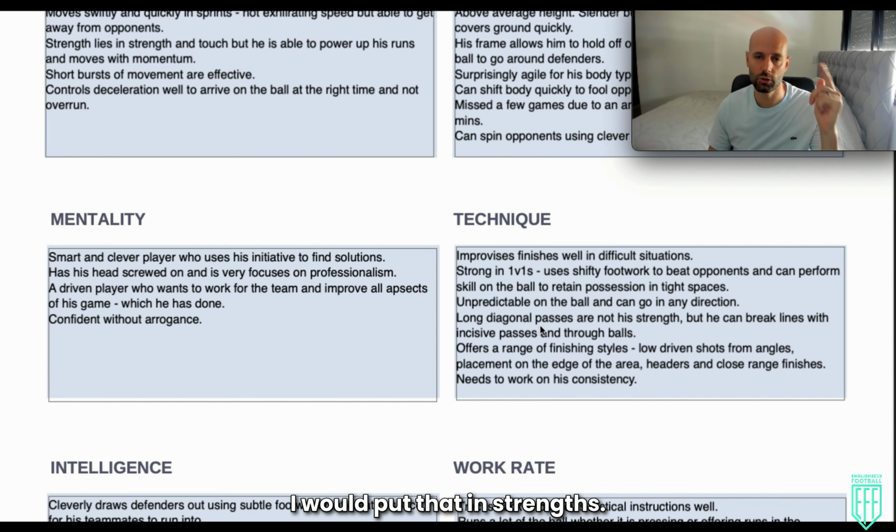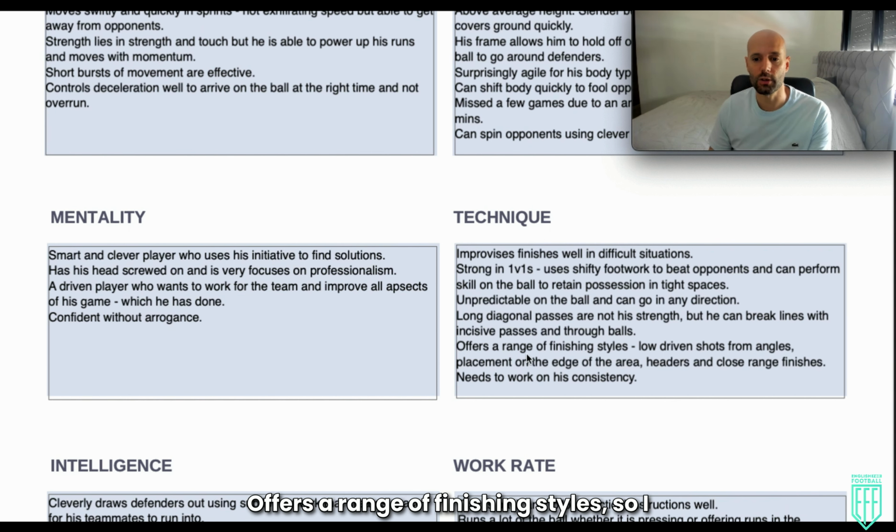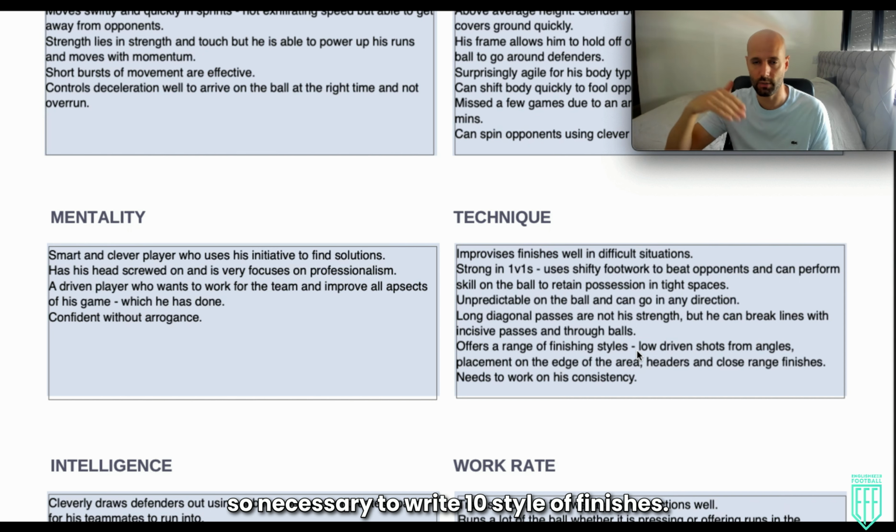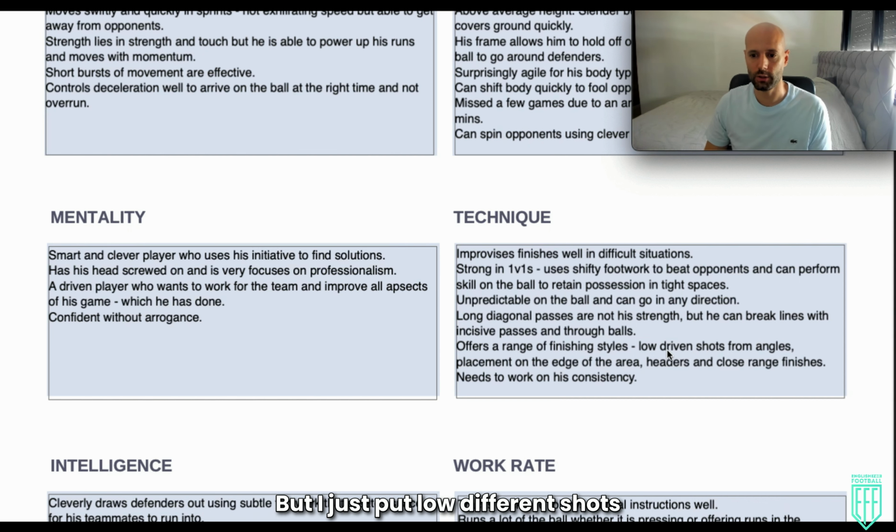I would put that in strengths if I was going to show you that. I will do that at some point. "Offers a range of finishing styles." I don't list all of them because it's not necessary to write 10 styles of finishes, but I put different shots from angles, placement on the edge of the area, headers and close range finishes.